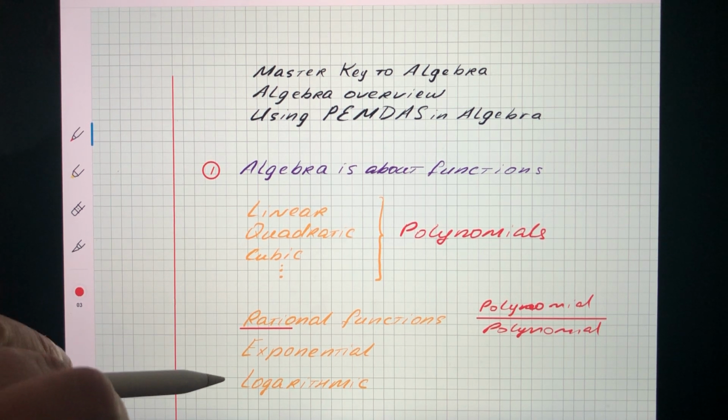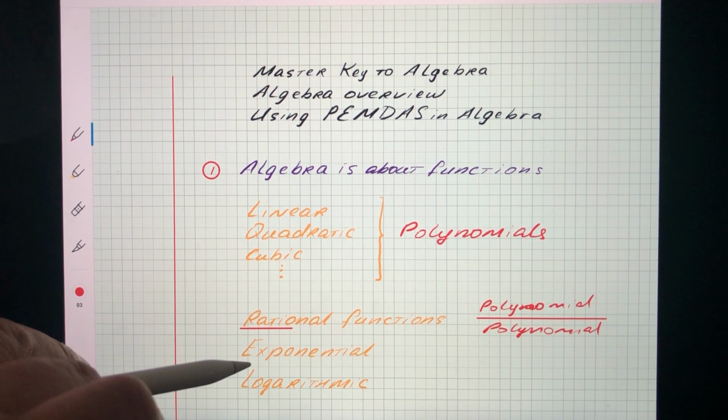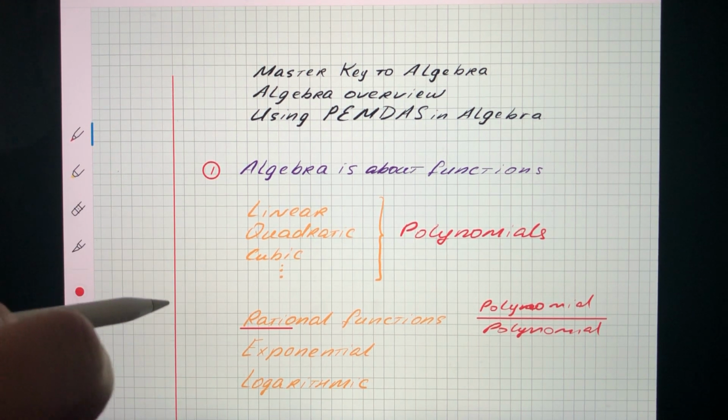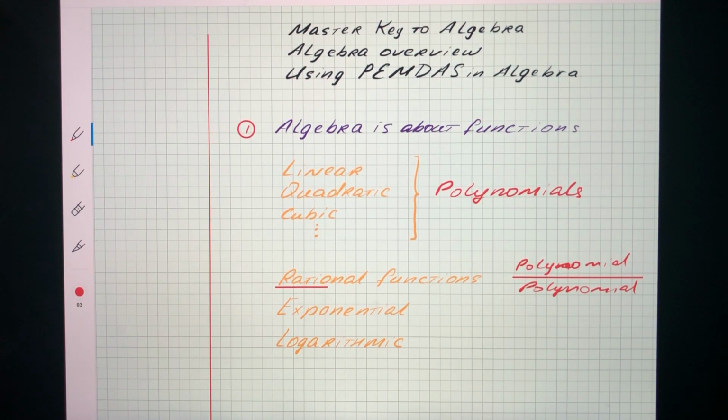Then we'll look at exponential and logarithmic functions, and that pretty much sums up all the functions we see in algebra. So algebra deals with these ideas, and to decide if something is a function versus something that is not a function, we use what is known as the vertical line test.